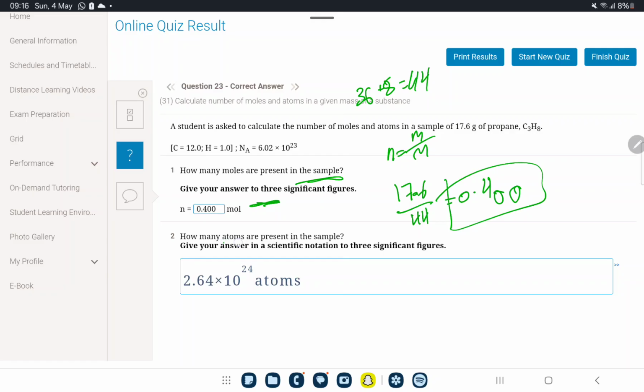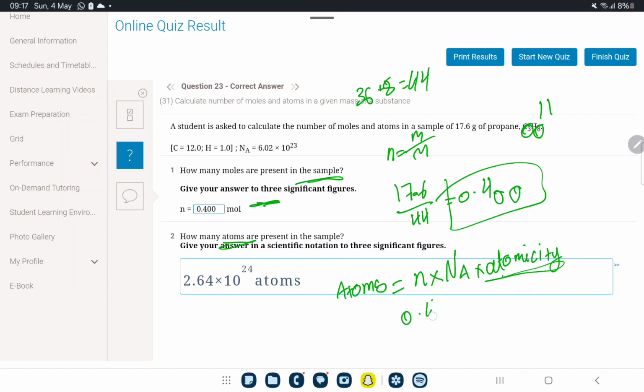Part 2. How many atoms? To get the atoms, you do atoms equals moles times Avogadro's number times atomicity. Now, if you somehow forgot what atomicity is, it's the number of atoms in the molecule. So we have 3 C atoms and 8 H atoms. They add up to 11 atoms.